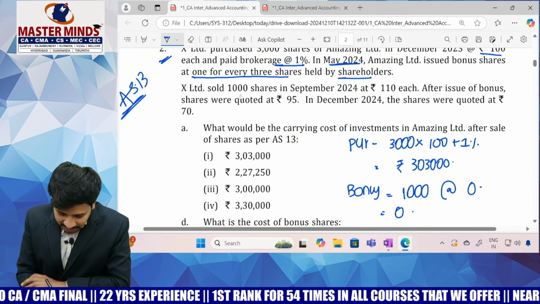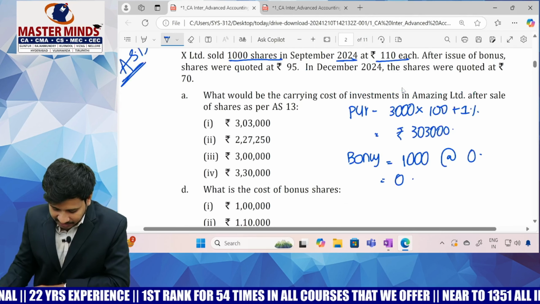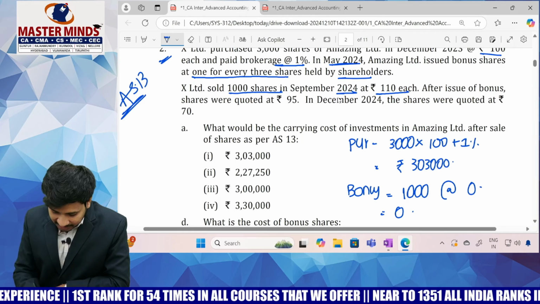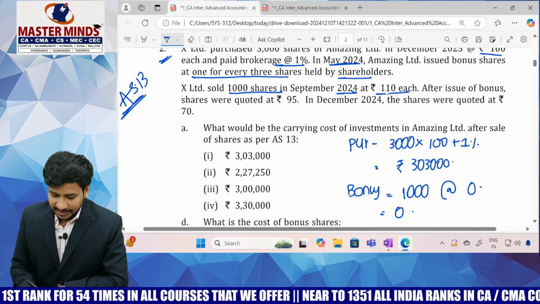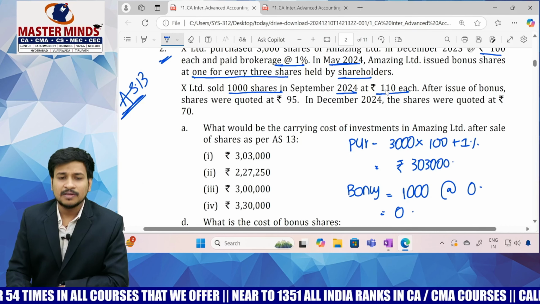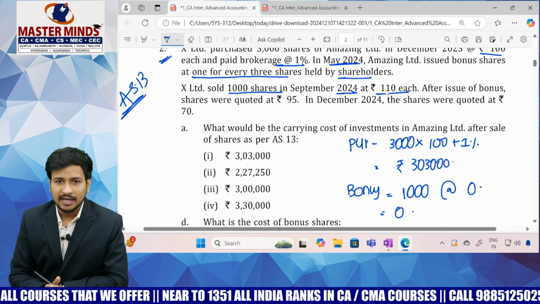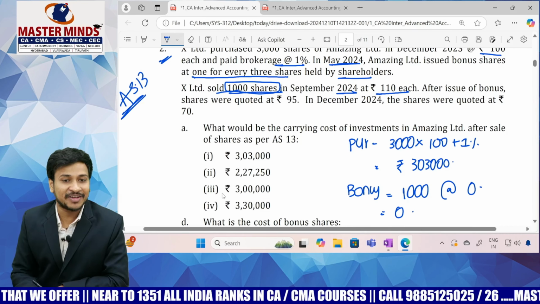Next, X Limited sold 1000 shares in September 2024 at 110 each. Now, take care. You need to understand that the cost of bonus shares is 0, and while selling the shares, you are not allowed to choose the specific identification method.